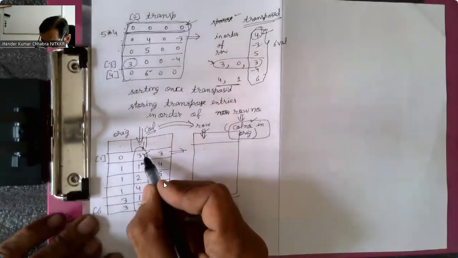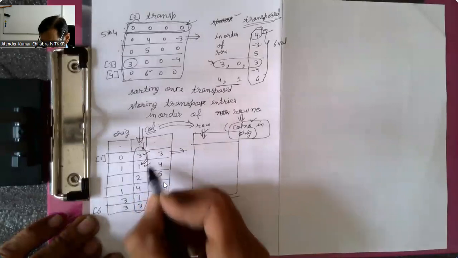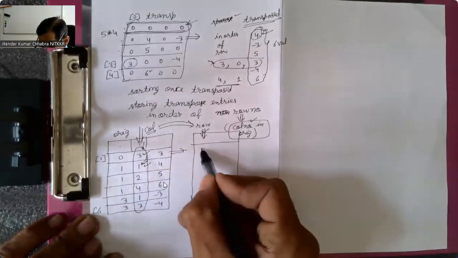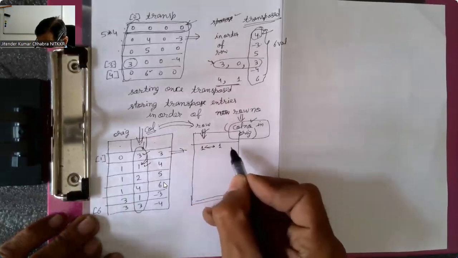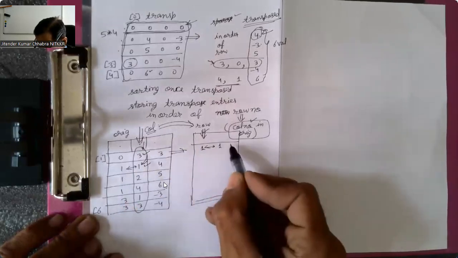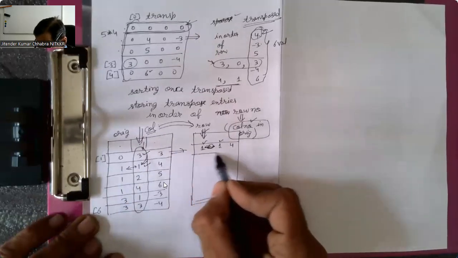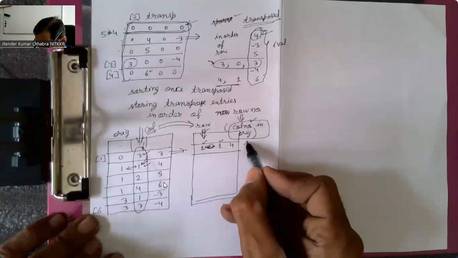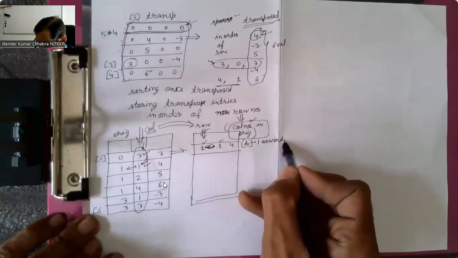Then look for column number 1. There is one entry with column number 1. This should be stored with the swapped values. This will be swapped definitely. So this is already swapped, but I will store it at some index, let's say k. So k will obviously be 1 onwards, because the 0th entry is reserved.